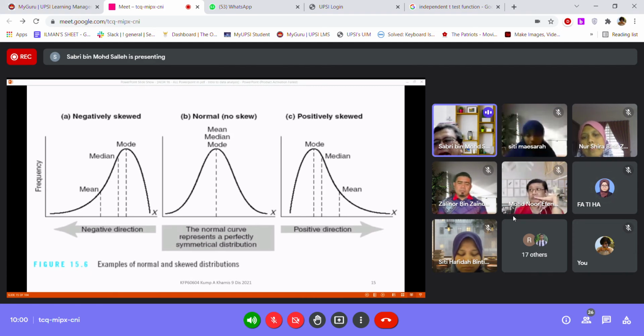Maknanya when kita reject, data kita tak normal. Tapi kalau nilai more than 0.05, we do not reject, makna data kita sama dengan normal. So that's the explanation why when you get less than 0.05, your data is not normally distributed. When you get more than 0.05, you do not reject, your data is normally distributed. Jadi jangan ingat bahawa getting less than 0.05 is always good. Tak, tengok situasi.